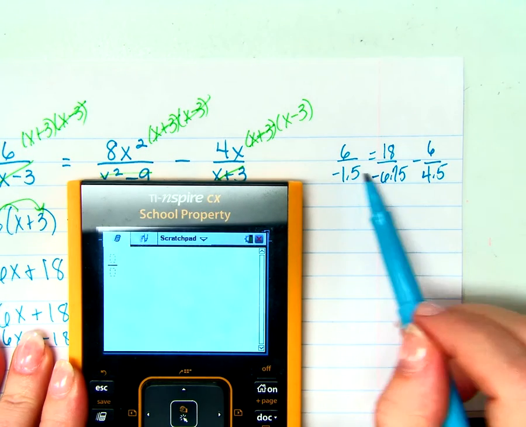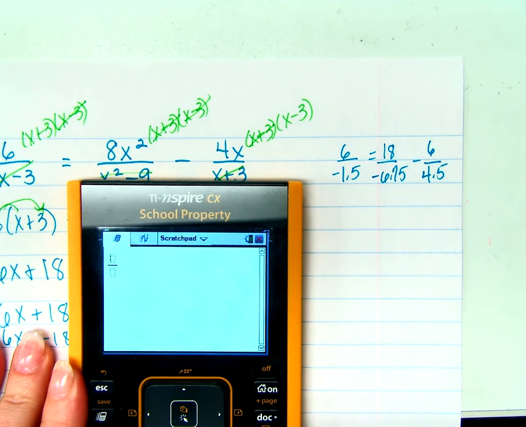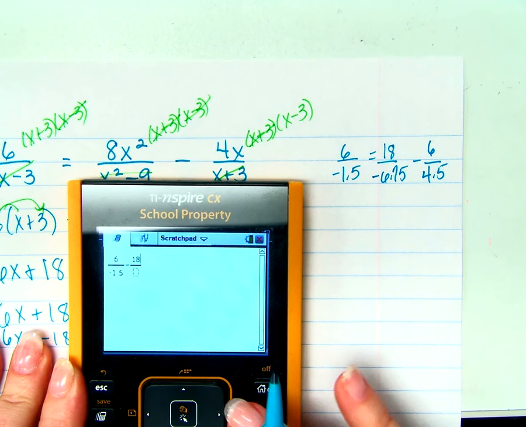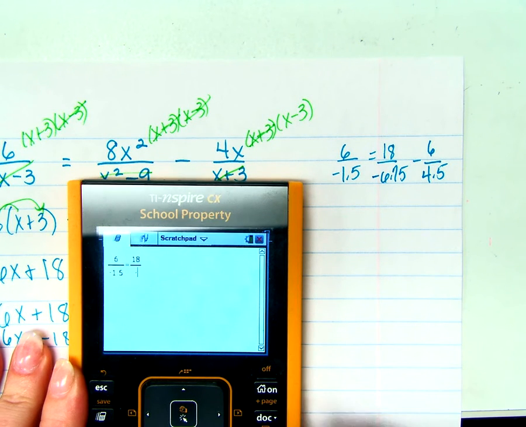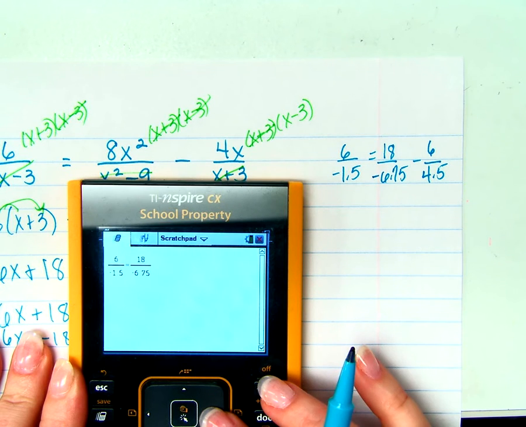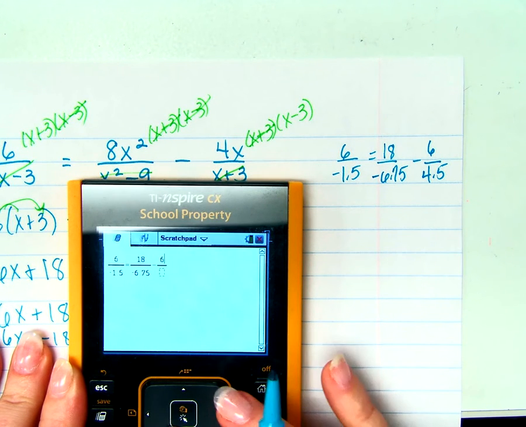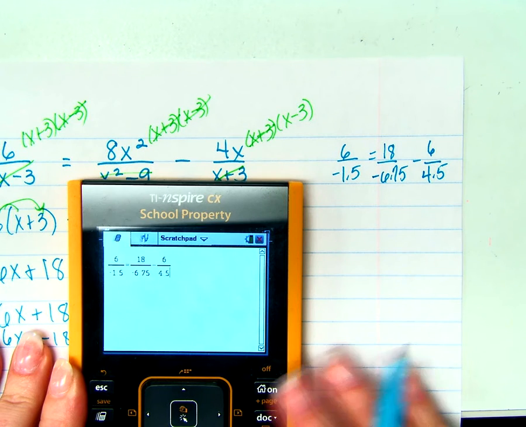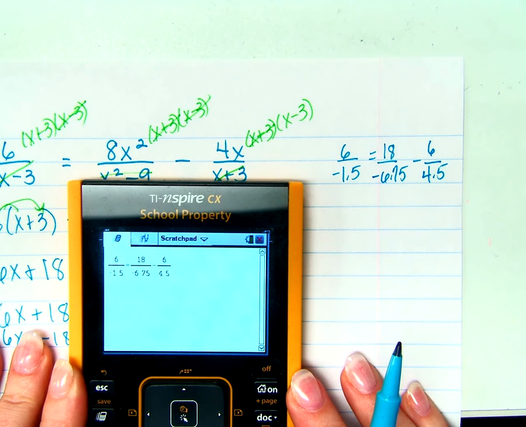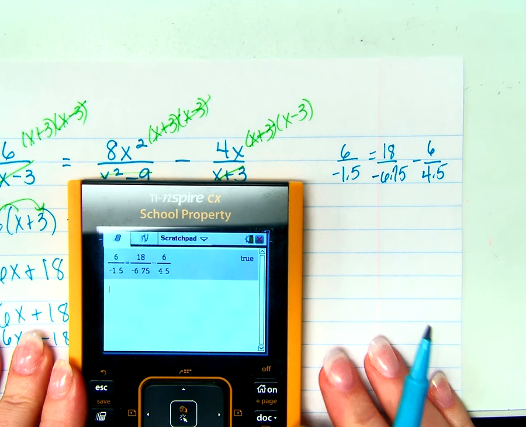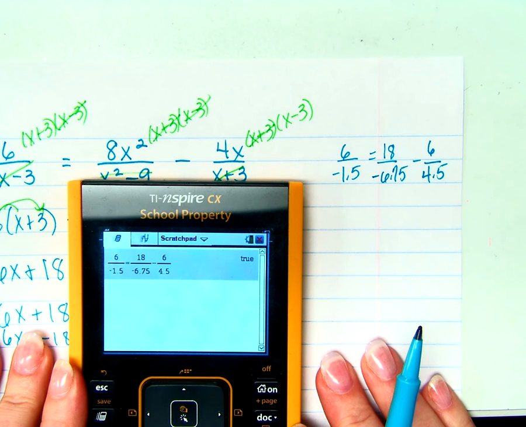I'm just going to type this whole thing in. 6 divided by negative 1.5 equals 18 over negative 6.75 minus 6 divided by 4.5. I put everything in right? Yes? Watch what happens when I press enter. True.